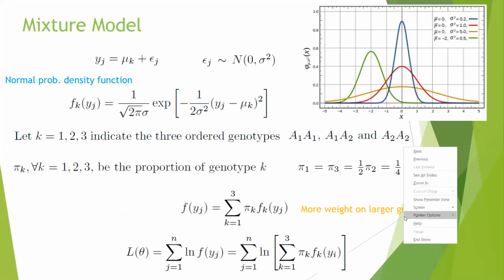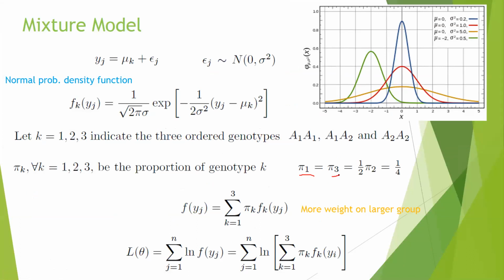Okay, so this is the mixing proportion. Now we have 3 mixing proportions here, and we can express the density for each individual using this mixture model.